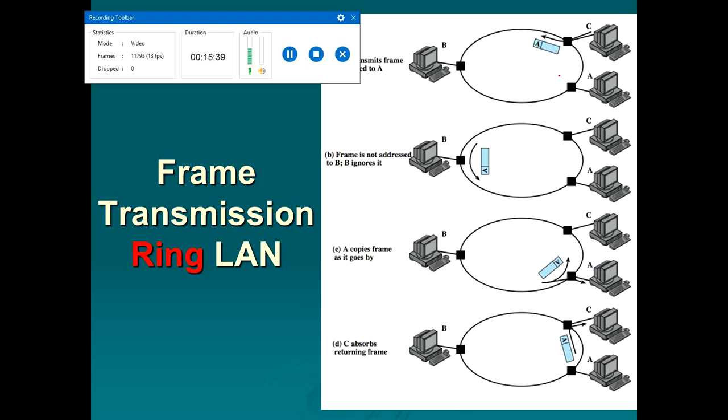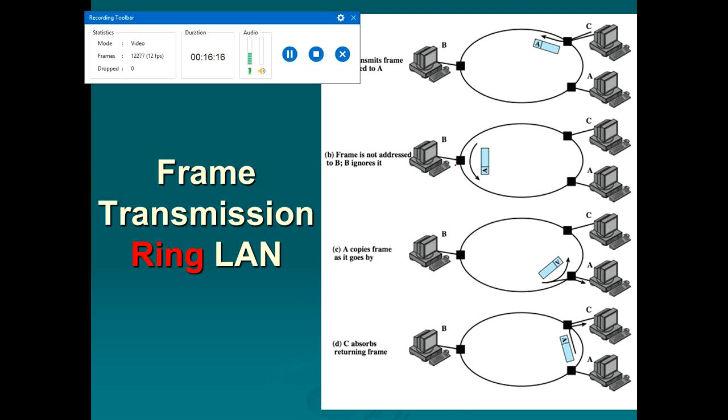Now in this, if you see, station C is trying to transmit a frame to station A. The frame header includes the address of system A. Now when the frame circulates around the ring, it passes through B. A frame is not addressed to B, so B observes that the address is not the station of B, so it ignores the frame.